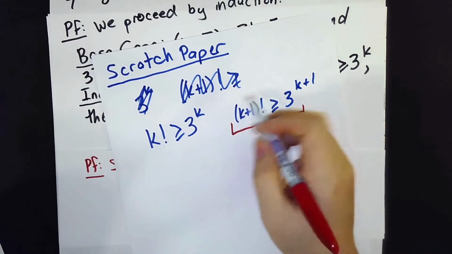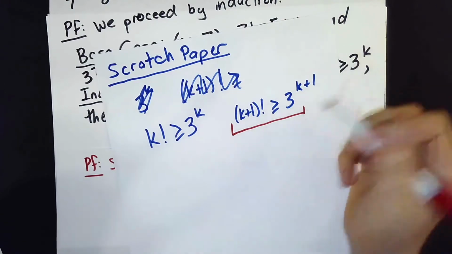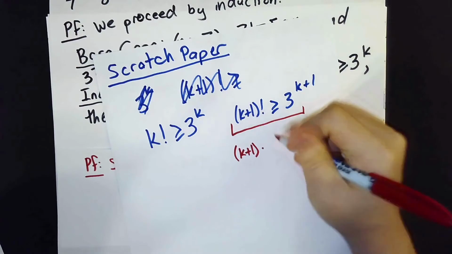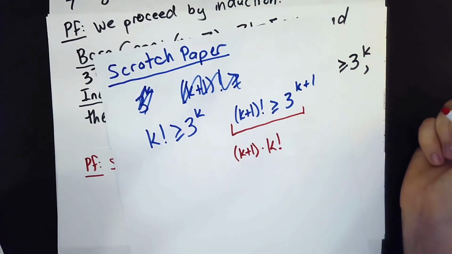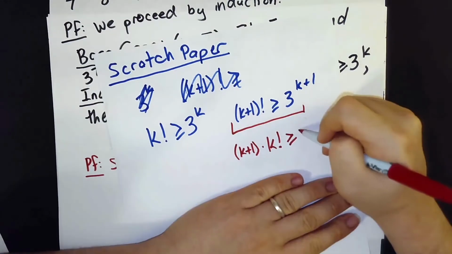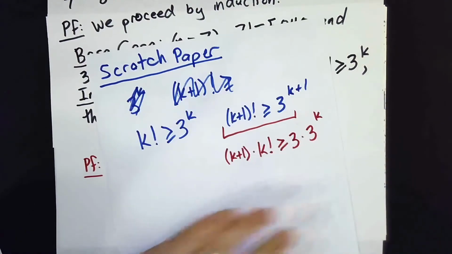And so how are k plus 1 factorial and k factorial related? Well, if you took Calc 2 recently, you probably had to do a bunch of ratio test examples where you had to remember that k plus 1 factorial is the same thing as k plus 1 times k factorial. And 3 to the k plus 1, that's the same thing as 3 times 3 to the k.